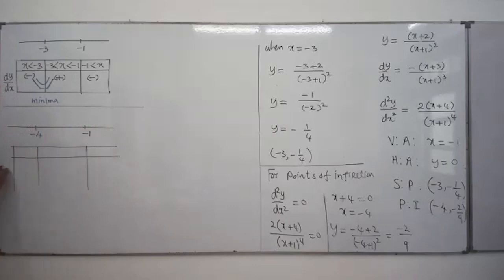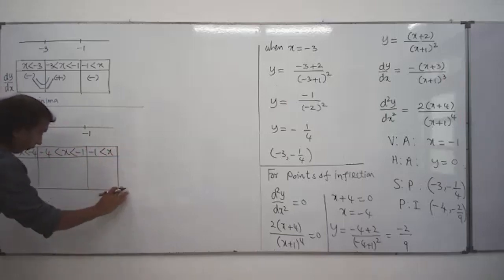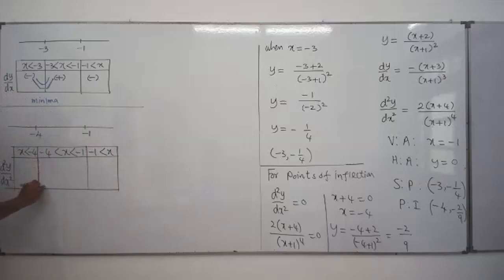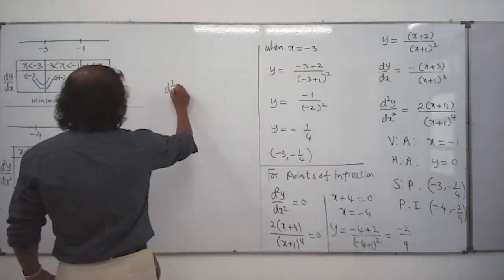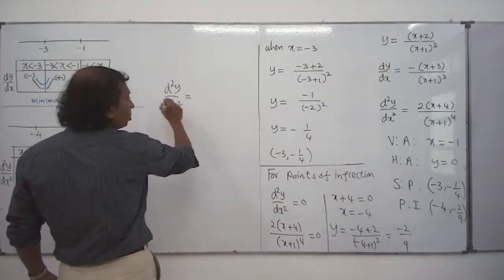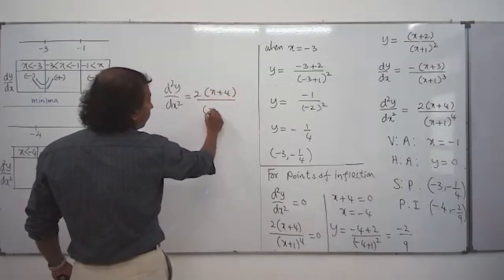There, we are supposed to find the sign of second derivative, d2y over dx2. This interval, x less than -4, -4 to -1, -1, x this way. Now, second derivative expression is this: 2 times (x plus 4) over (x plus 1) to the power 4.